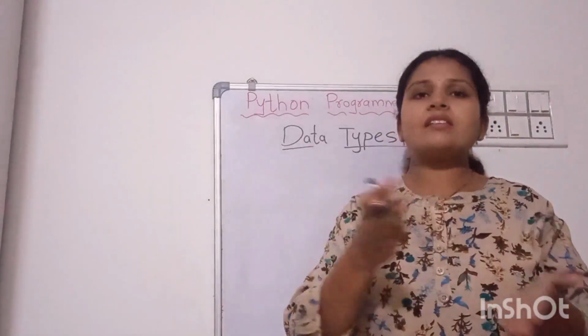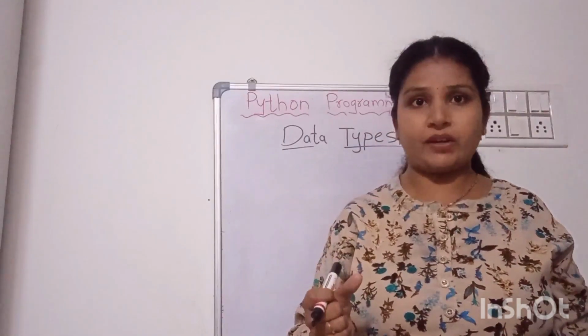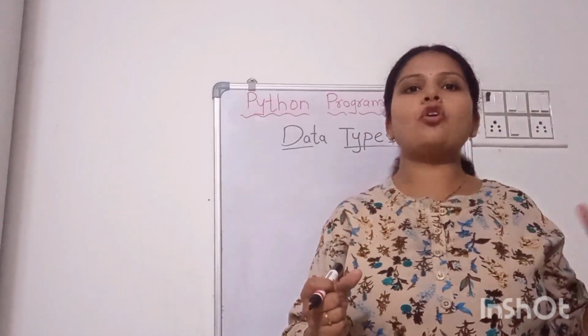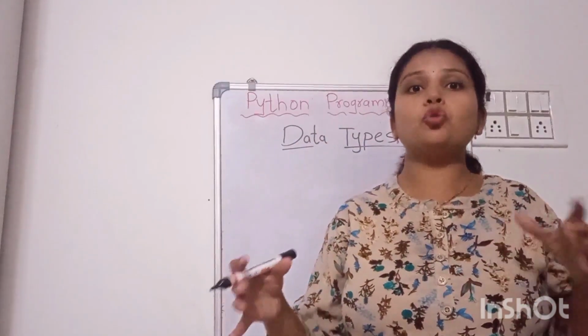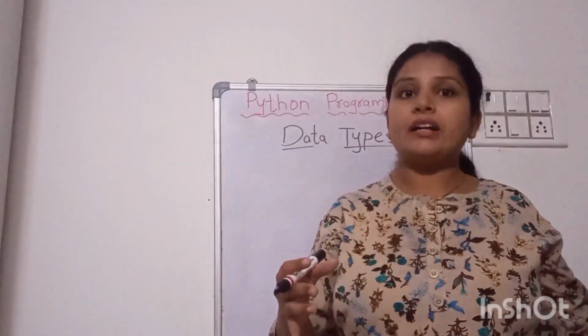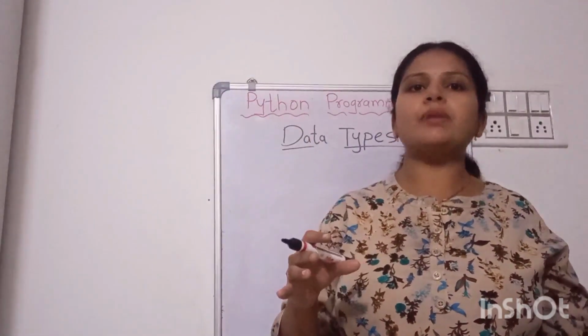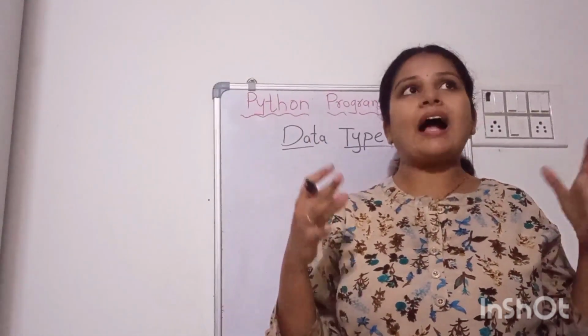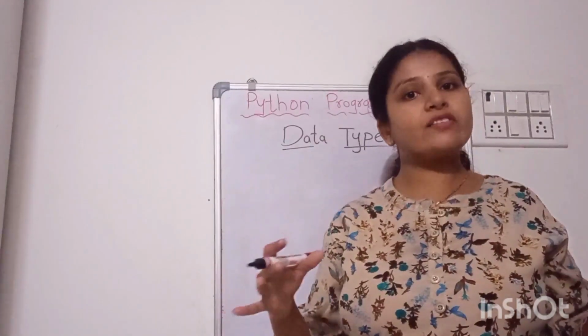What does the type of data you are using in your programming mean? In the last session we took a mathematical expression, the addition of two numbers. Numbers are your data, numbers are your values, so the type of data is number. Suppose I am taking names, say the names of all of my students.